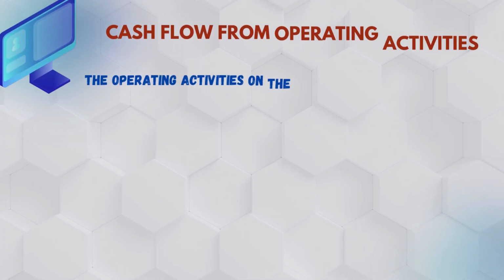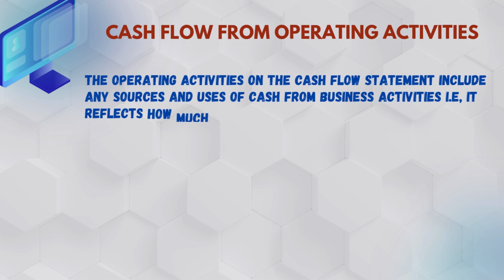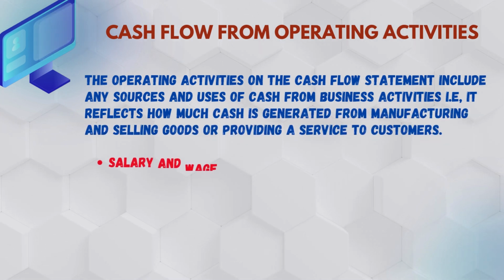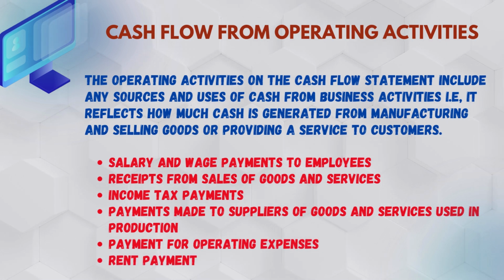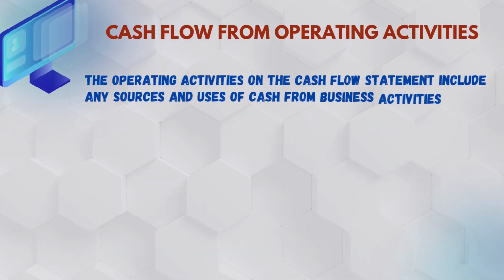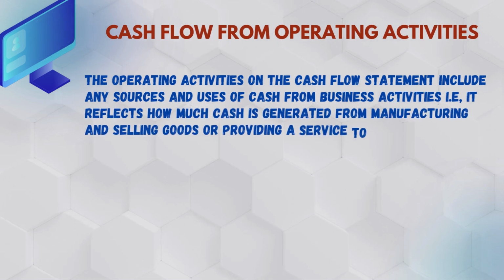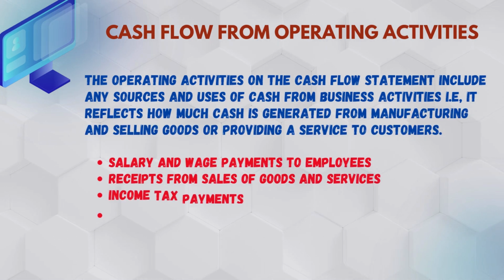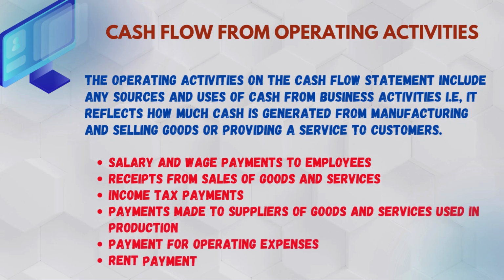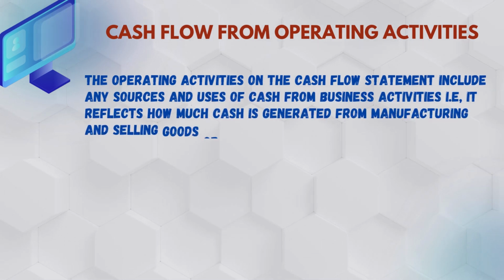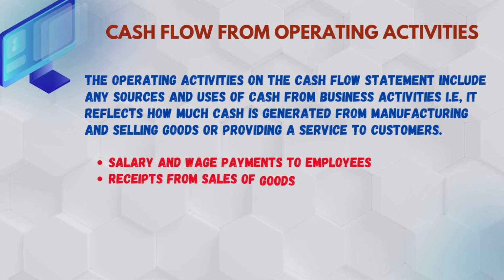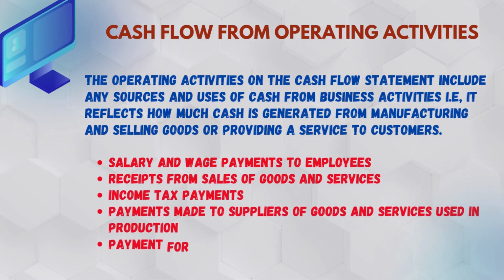We start with the first, the cash flow from operating activities. This section within the cash flow statement includes any sources and uses of cash flow from business activities. It means it reflects how much cash is generated from manufacturing and selling goods or providing a service to a customer.